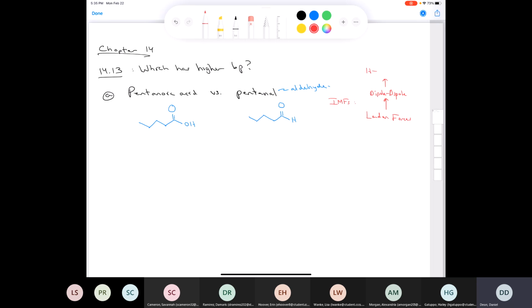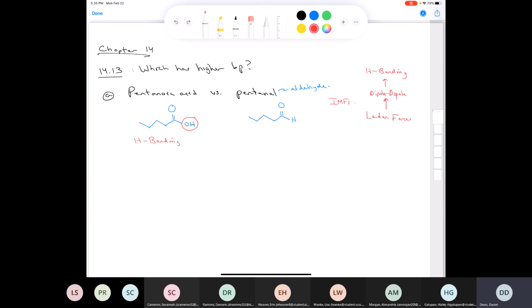And then we go to hydrogen bonding. If you look at the structures, pentanoic acid has an oxygen-hydrogen bond, and that is one of the requirements for hydrogen bonding. So pentanoic acid can participate in hydrogen bonding, whereas in pentanal, there is no oxygen-hydrogen bond, and there certainly isn't a nitrogen-hydrogen or a hydrogen-fluorine bond.